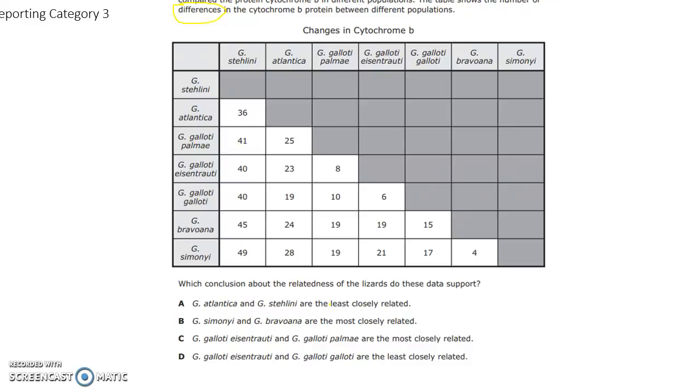The higher the number, the more different. The lower the number, the more related they are. So if we did this correctly, we'll see that number 4 here, these two organisms would be the most related. So if we look here, your correct answer is B.